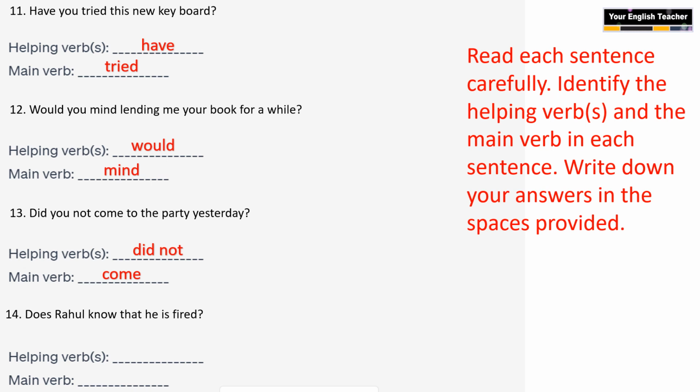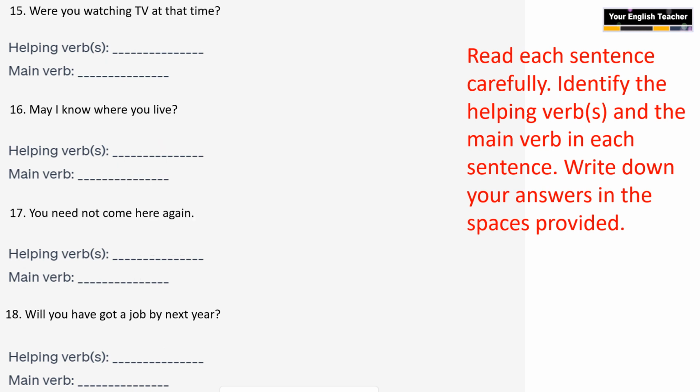Here, does is the helping verb, know is the main verb. And in the fifth sentence, can you guess? Yes, were is the helping verb, watching is the main verb.